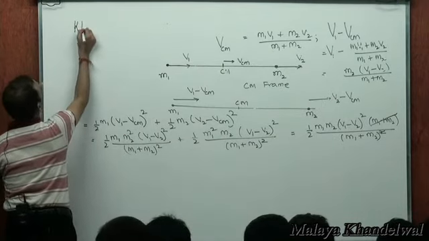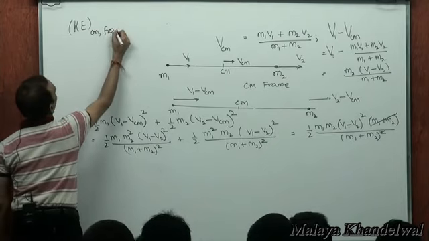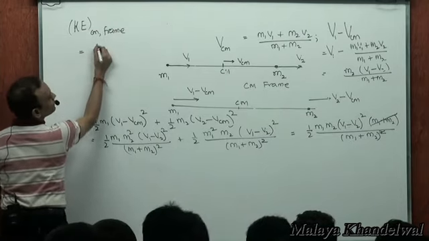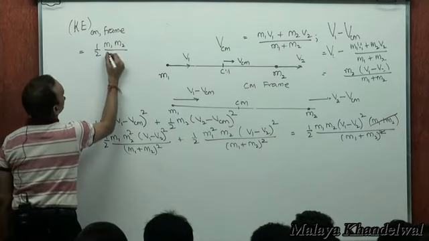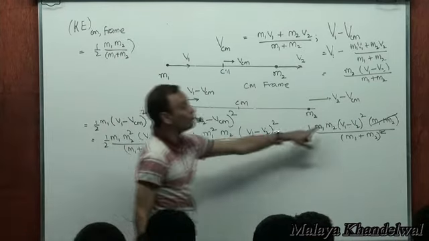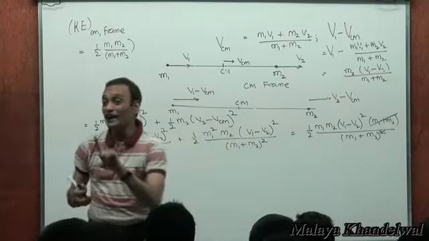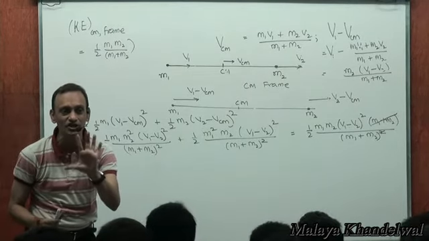So the kinetic energy in the center of mass frame then turns out to be half of m1 m2 by (m1 plus m2) into, now v1 minus v2 is what? The relative velocity between the two masses. Yes or no?